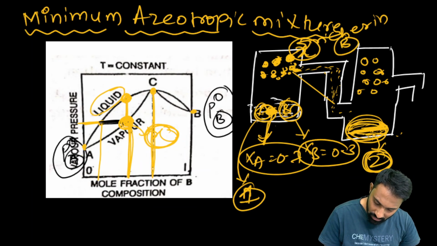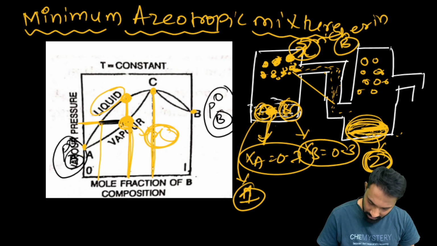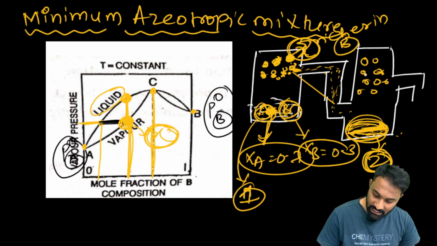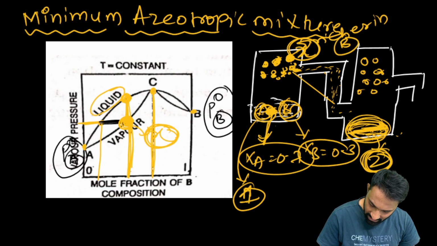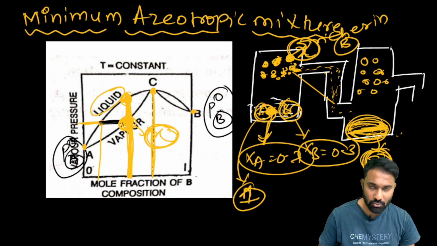Now this is a curve. You see the mole fraction of X, and when this X has converted into liquid and reached compartment 2, the mole fractions are the same, right? You can see the mole fractions are the same in the liquid phase and the gaseous phase.